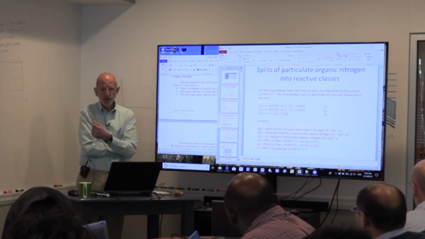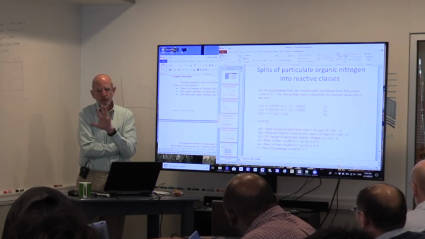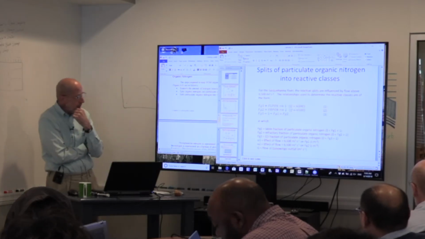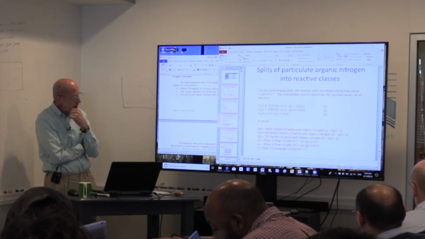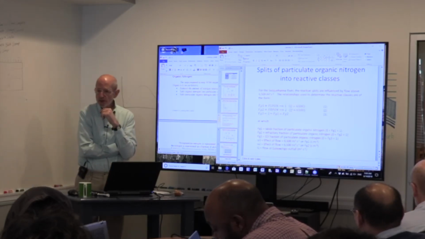We have a pretty good sense of how that scour varies as a function of flow. What we don't know is what the fractions of that scoured material are. Intuitively, someone might say, well, it's been sitting on the bottom of that reservoir for years, so it's probably not reactive at all.